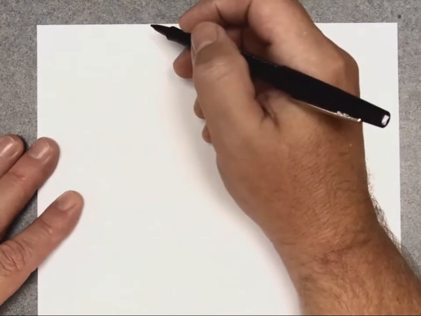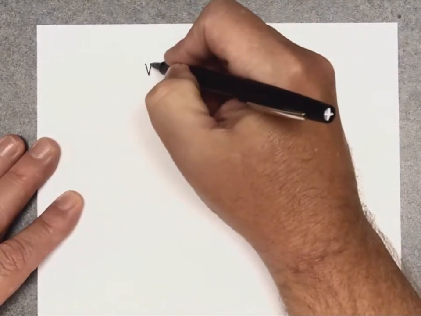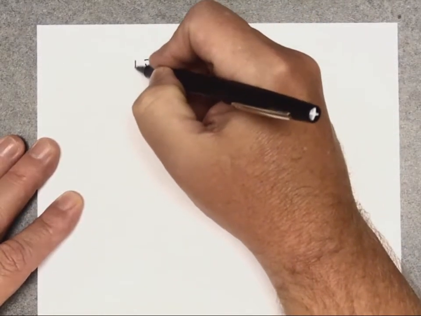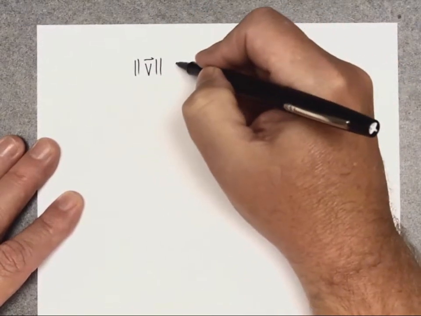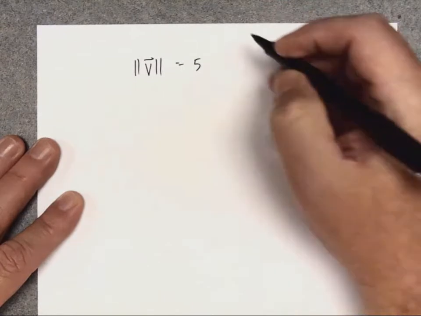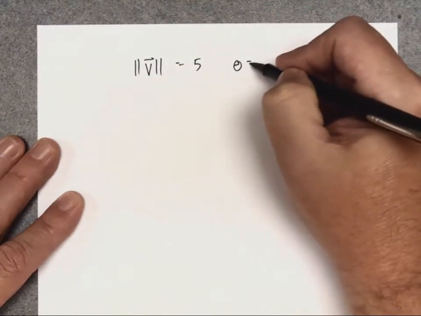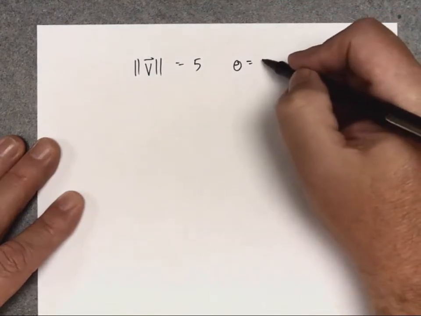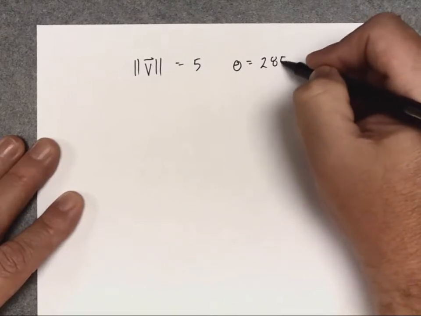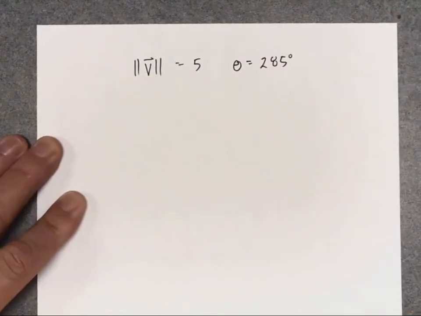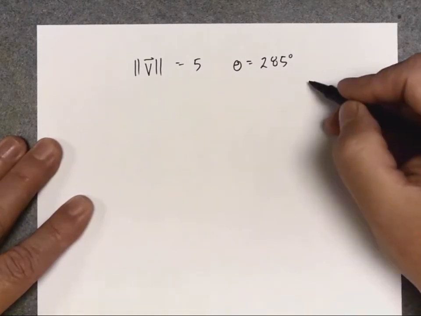In other words, let me just give you an example. How about the magnitude of vector V is 5, and the angle, I'm going to make the angle 285 degrees. Let's just draw that real quick.